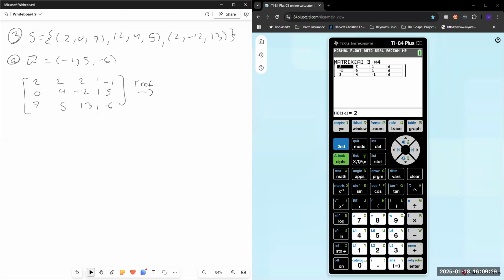So 2, 2, 2, -1, 0, 4, -12, 5, 7, 5, 13, and -6.